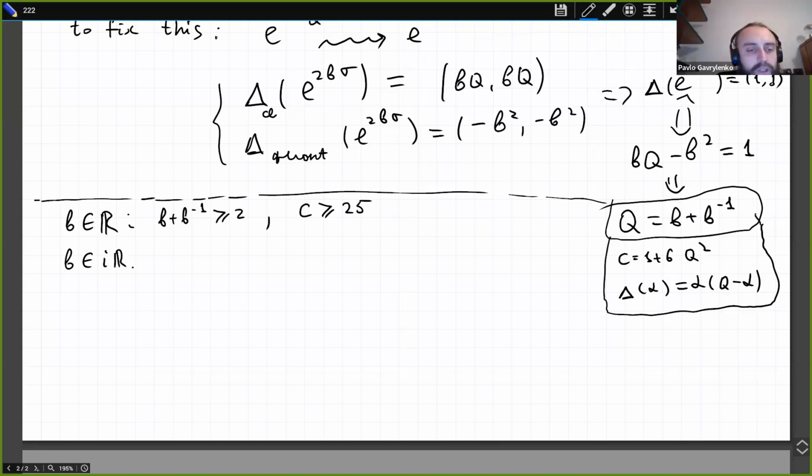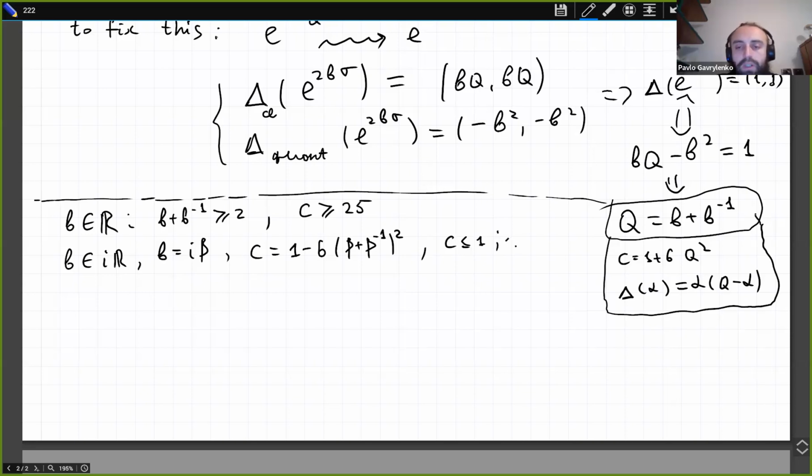And then people introduce some quantity like b equals i beta, and then central charge equals 1 minus 6 (beta plus beta inverse) squared. So c is less or equal than 1.